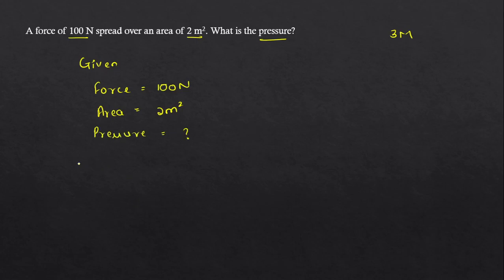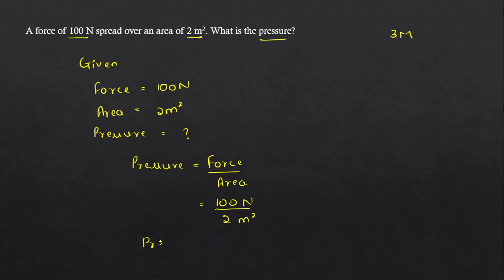Now we'll start by writing down the formula for pressure. Pressure equals force per area. In the second step we have to substitute for force and area. The value of force is 100 newtons and the value of area is 2 meter square.